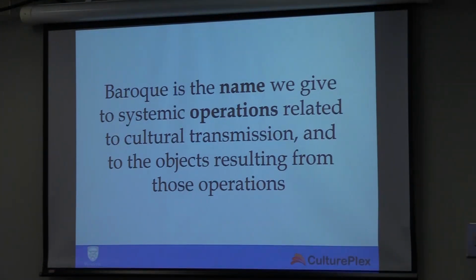The farther the distance between the objects or the stages in the transmission, how many transmissions the object has gone through, the more deformed it looks to us, the more different.